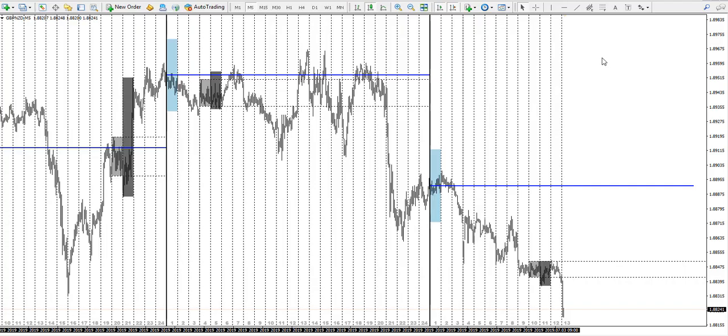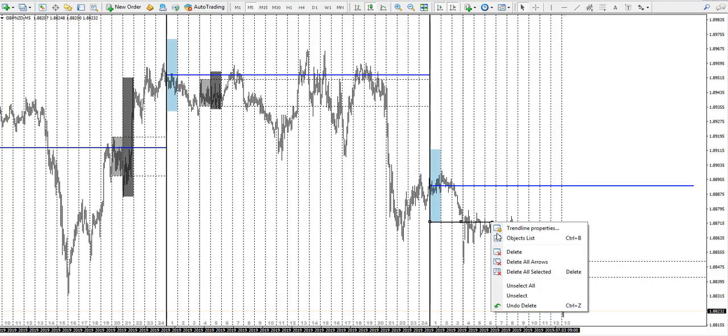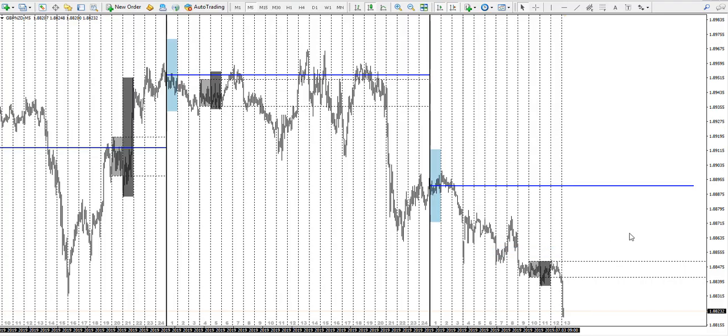So it's 20 pips from the blue line to the black line. They're not there to say, right, this is where you sell and this is where you buy. It's just a measuring tool, and you will see some of that as we move forward.